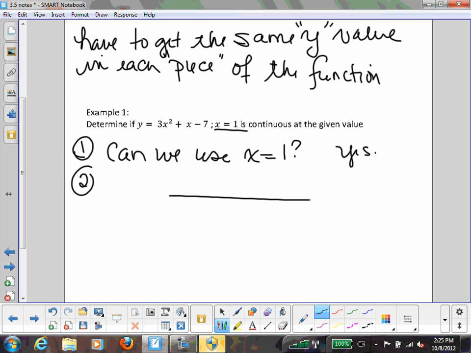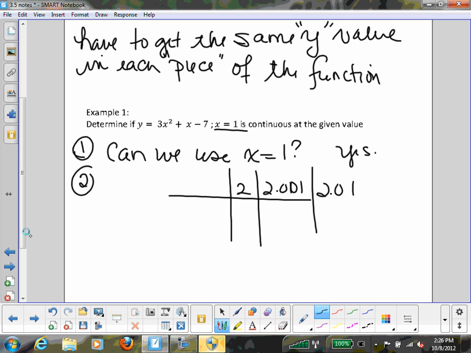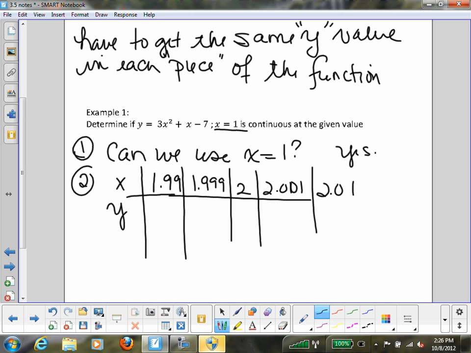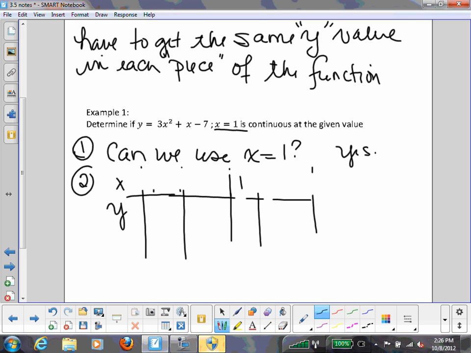Okay. We're going to look a little bit to the right, using whatever values.